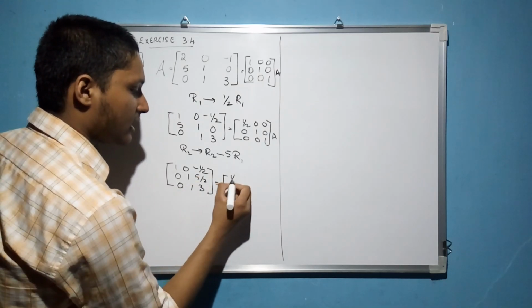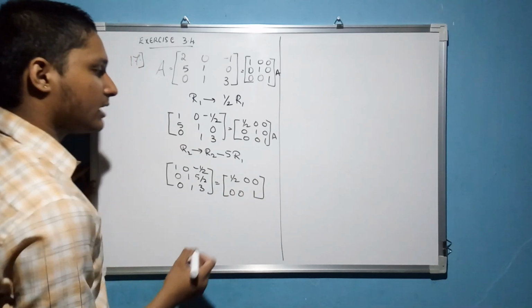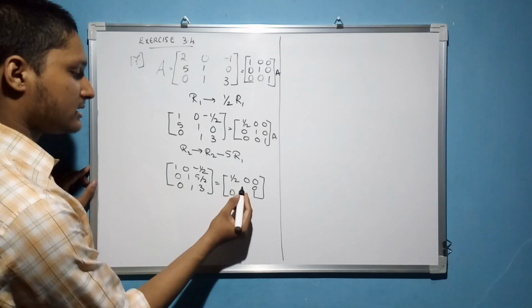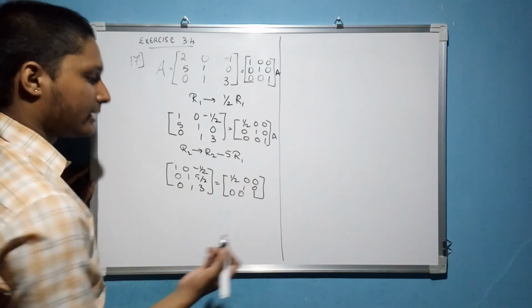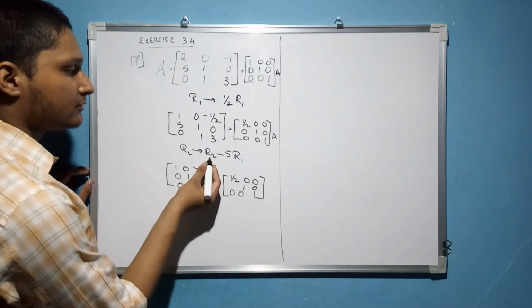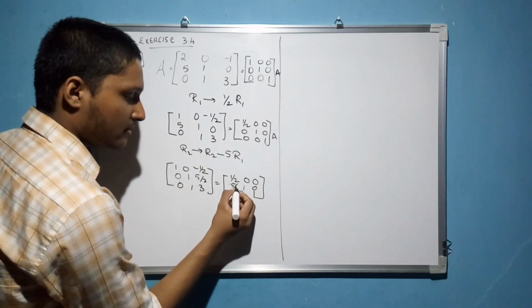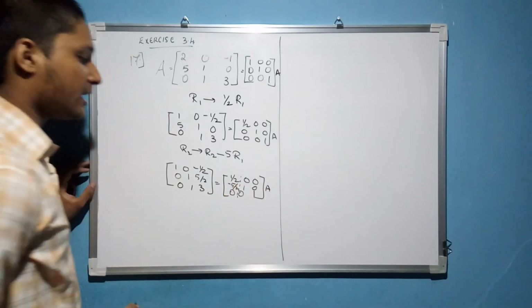Then you have half, 0, 0 and 0, 0, 1. Then you have in the middle, so this is going to be 0 itself. So what is going to be here is 1 minus 5 times, so it's going to be 1 itself. So now we have 0 minus 5 times half. So it is going to be minus 5 by 2 here. It's going to be A now.